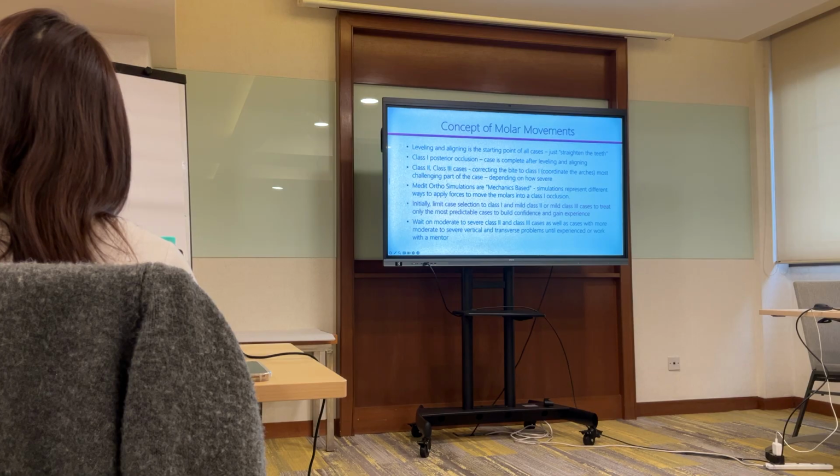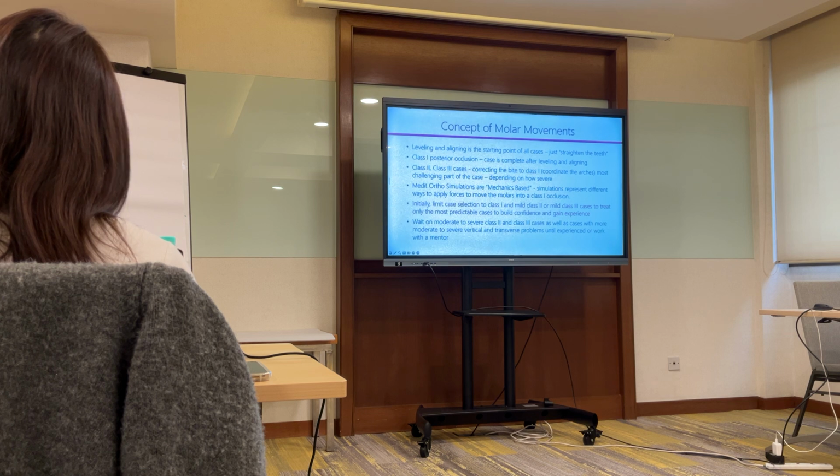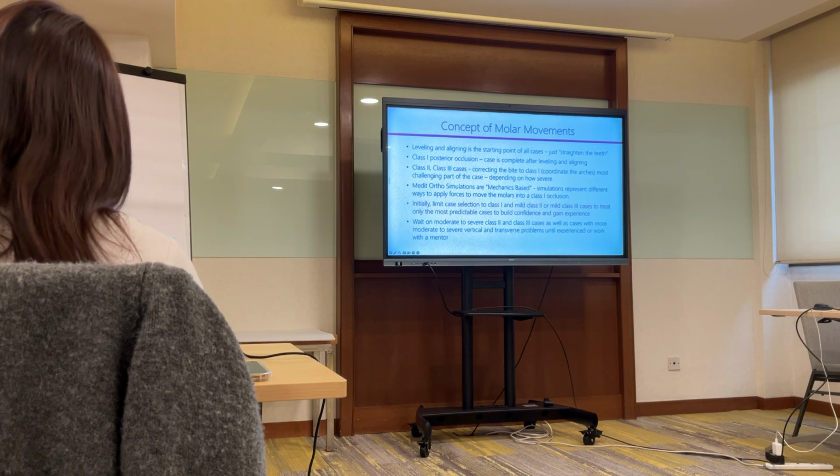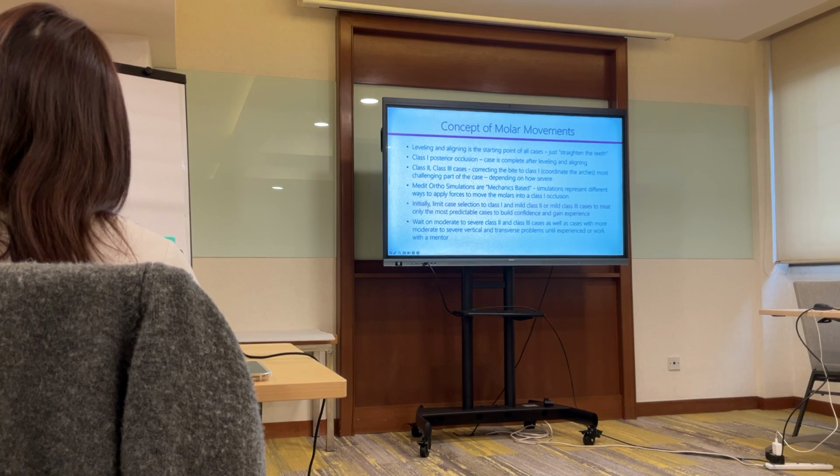What are the methods of correcting class 2 with extraction? Either you can extract the upper fours and the lower fours, or upper fours only. Right? These are the two methods by which you can do class 2 extraction.